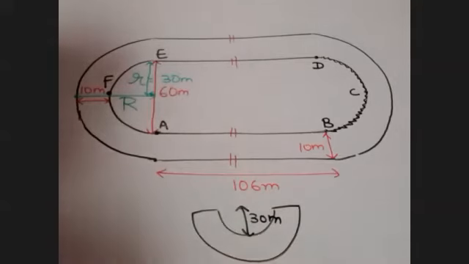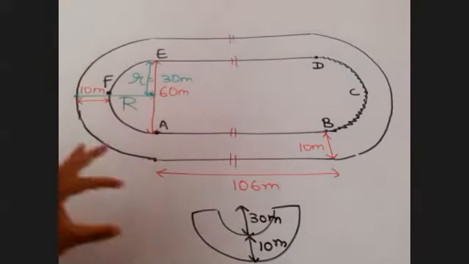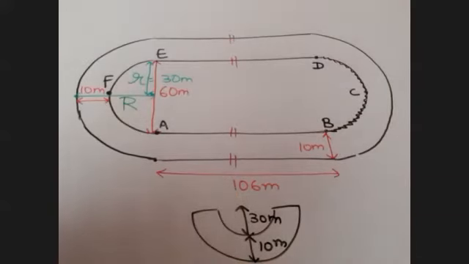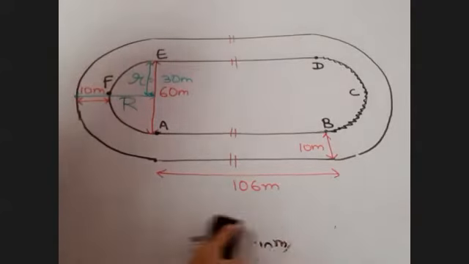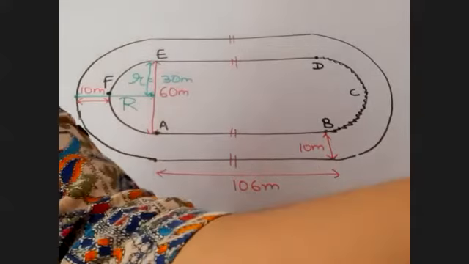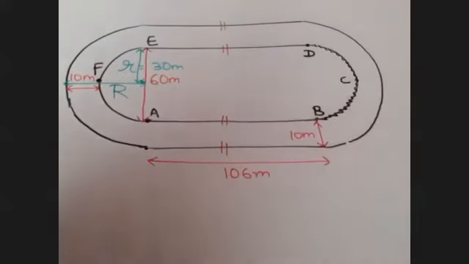After that, we are given that the width is 10 meter. So what is the radius of the outer semicircle? 40 meters. And we have done in lower classes also that outer radius is inner radius plus the width. Clear now?